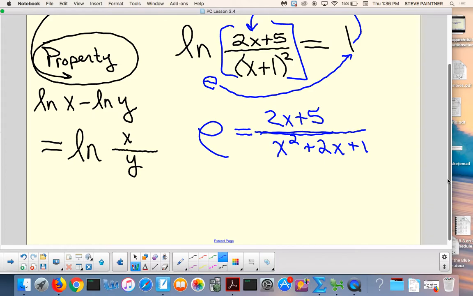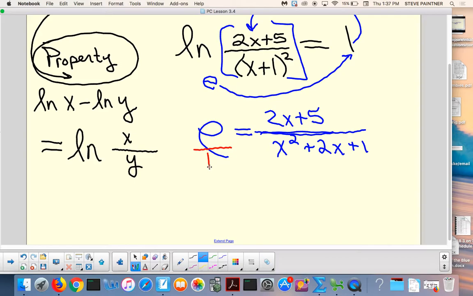Do you multiply the bottom by both sides? Multiply both sides by what? By the bottom. Yeah, you could. And that's the way a lot of students do it, but I just treat it as a fraction. E over 1 equals this over this. It's called a proportion. Cross multiply.